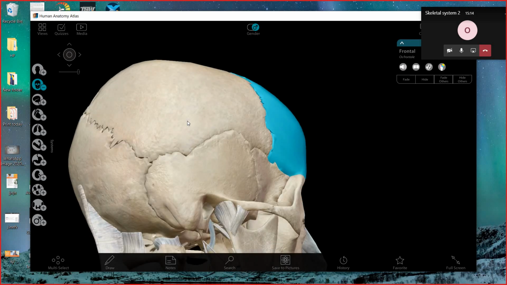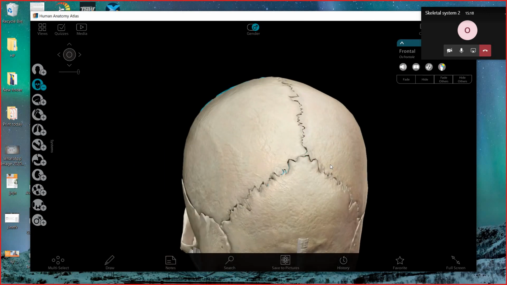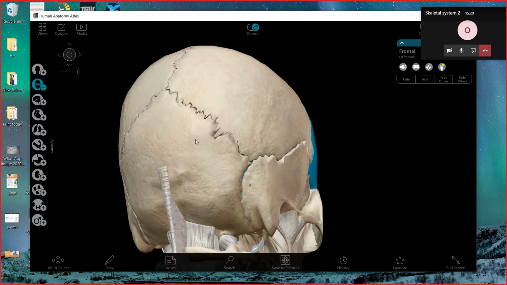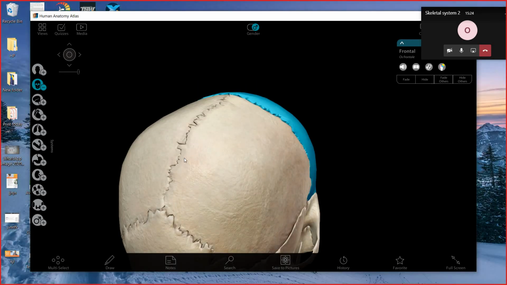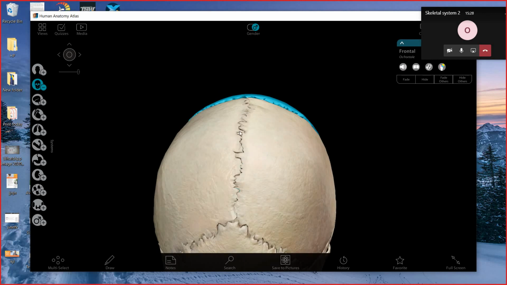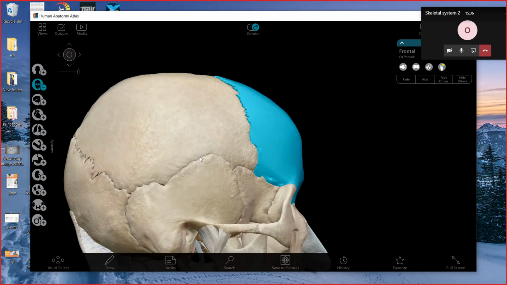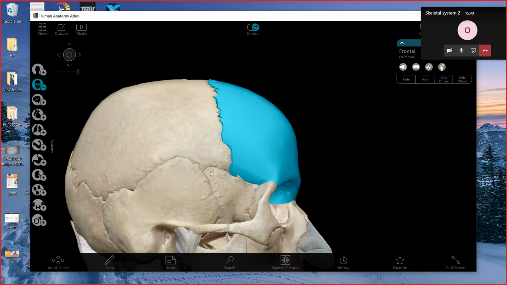No, it's not just one bone. No, it's made of many bones, that are connected to each other, that stick to each other. Okay, so if you can see here that there is a separate line between a bone and another bone of the skull. So the skull is actually made of many bones, not just one bone.